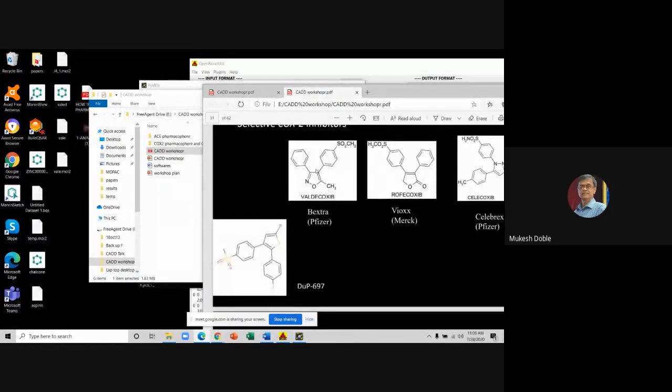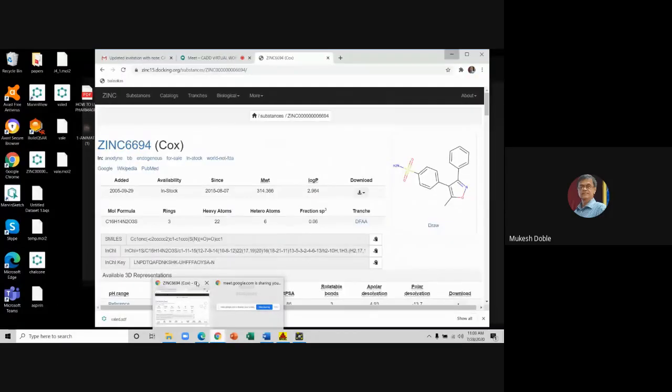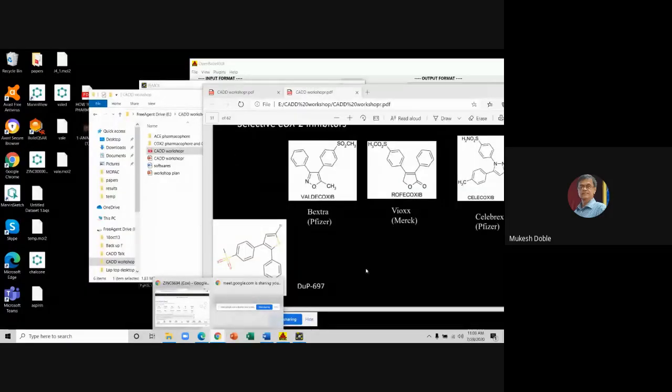Similarly, we can download each one of these structures, rofecoxib, from ZINC.